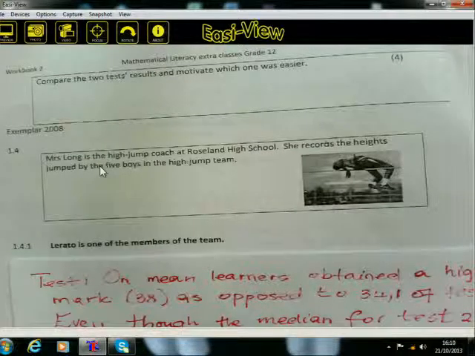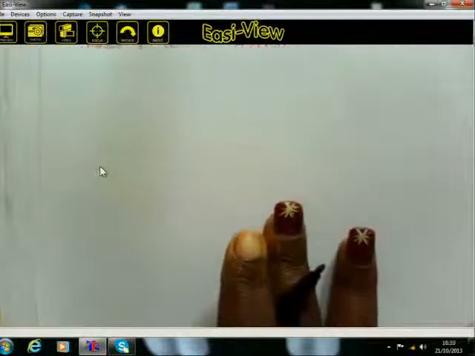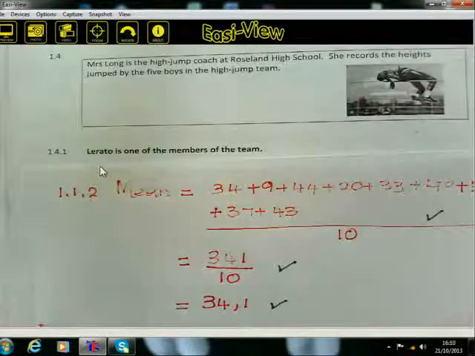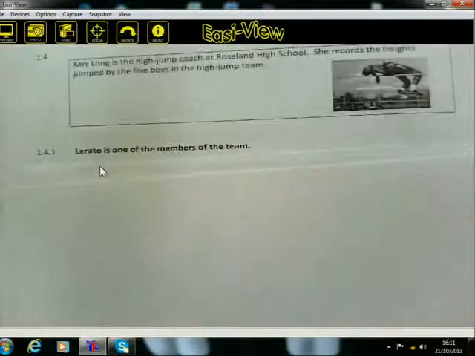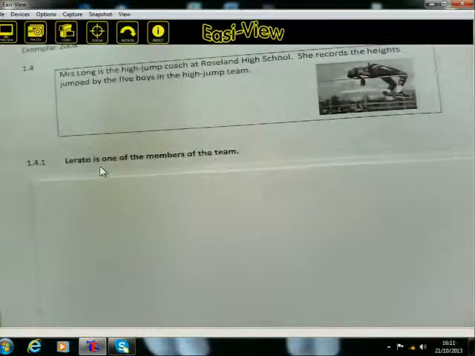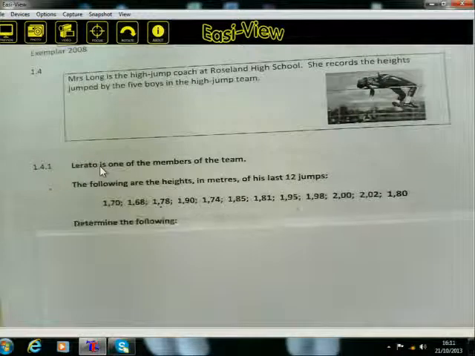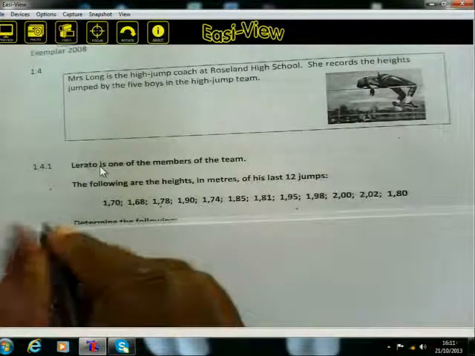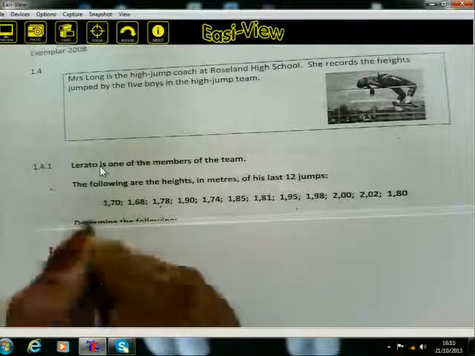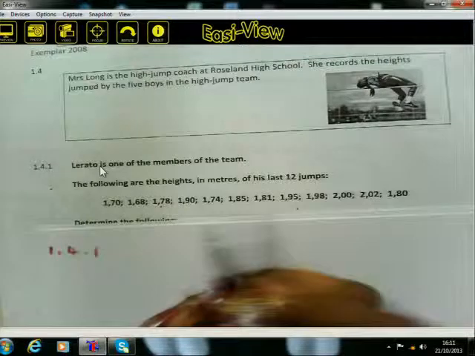So it will be followed by a question. Its numbering is 1.4.1.